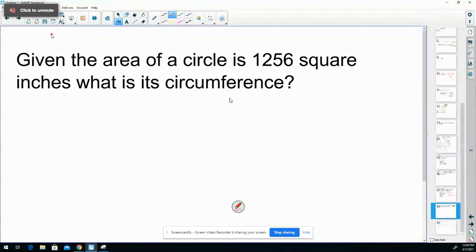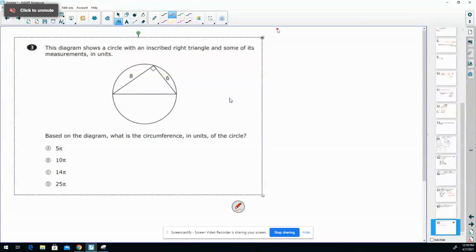All right, here comes yours. There's one more question after this that's just notes. You want to pause and do here. And the last question, this is an MCAS question right off of 2019 test.